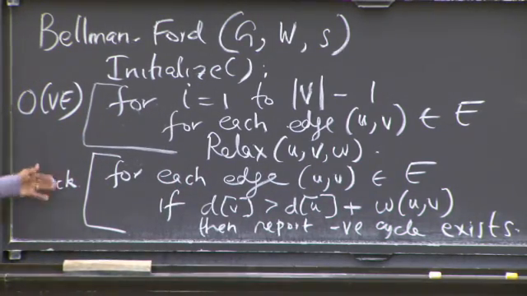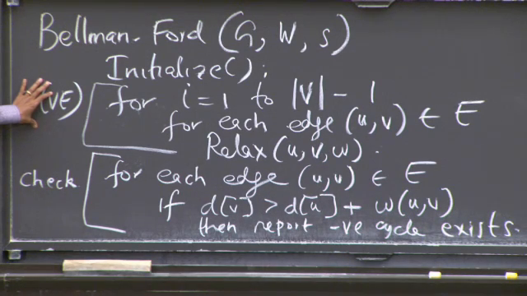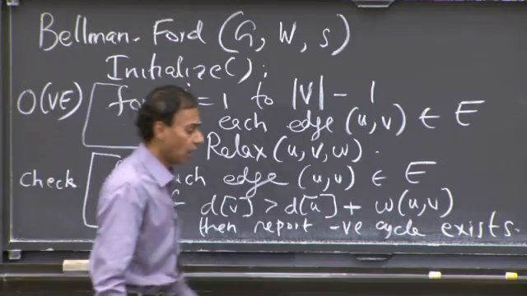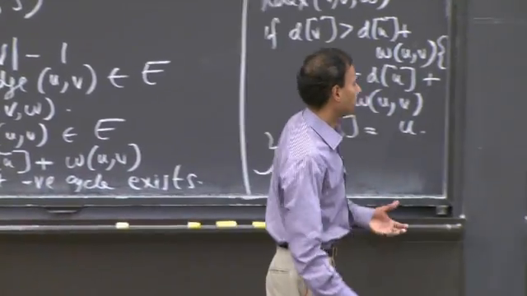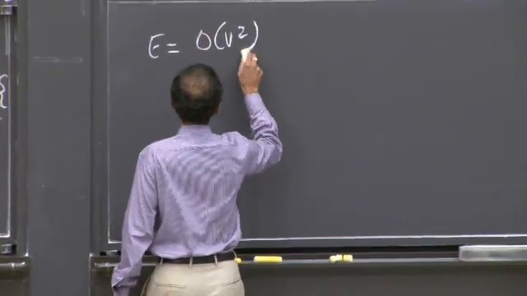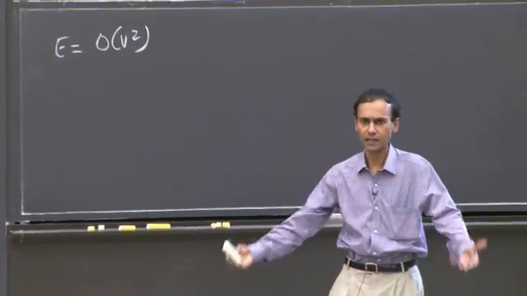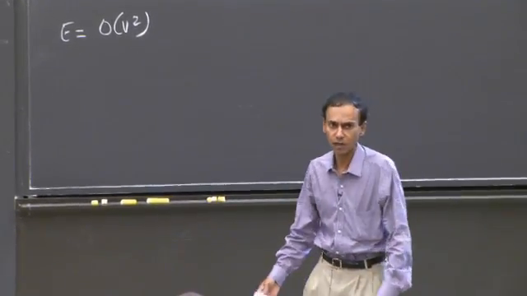This part here is only one pass through the edges, so that's order E, like you said. And so the complexity is order VE. And this could be large. As I said in the first lecture, E could be order V squared in a simple graph, and so we might end up with a V cubed complexity if you run Bellman-Ford.